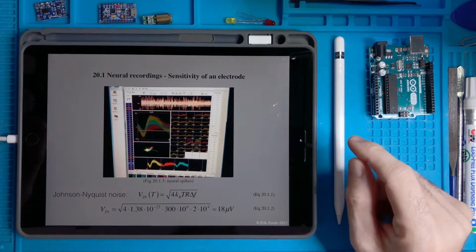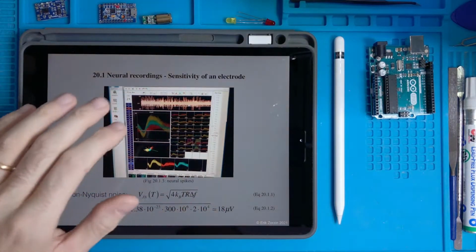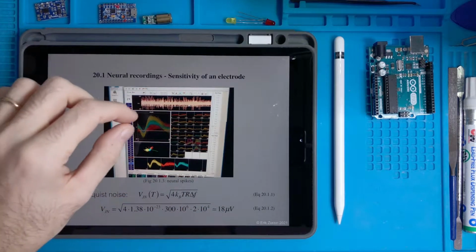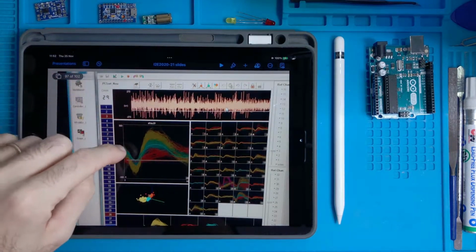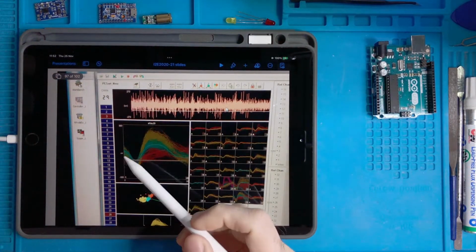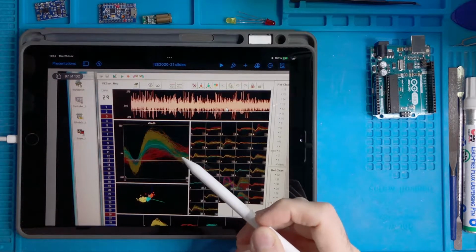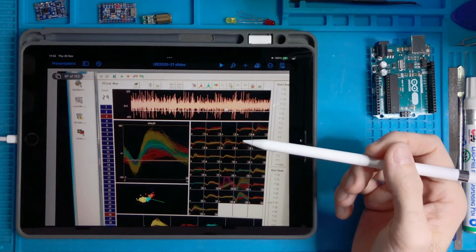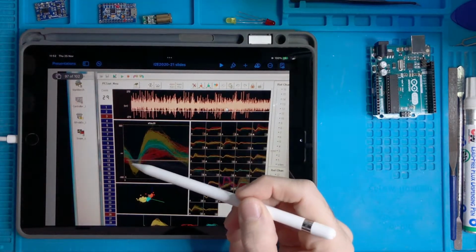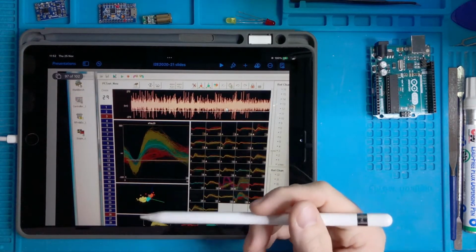So most of the time you see windows like this. Here you have a big window where you can see the action potential of a neuron, this one. And these are all extracellular recordings. You can guess it because the polarity of the action potential is reversed.